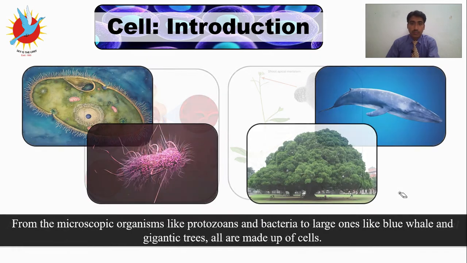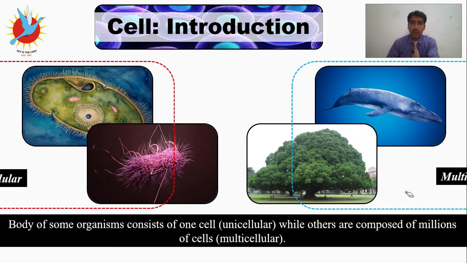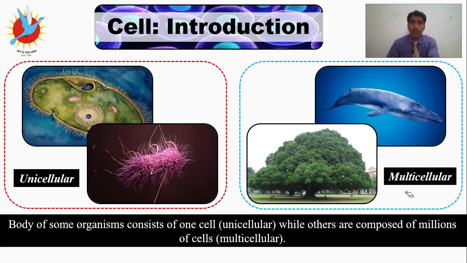Next, from microscopic organisms like protozoans and bacteria to large ones like blue whales and gigantic trees, all are made up of cells. But according to the number of cells present in their body, organisms can be categorized as unicellular or multicellular.